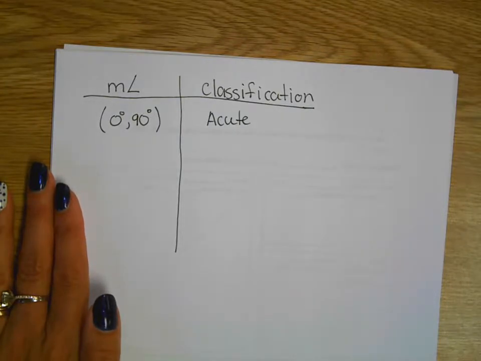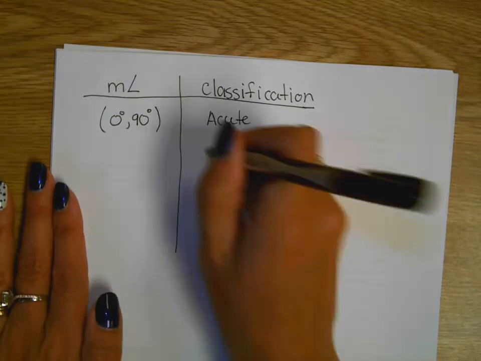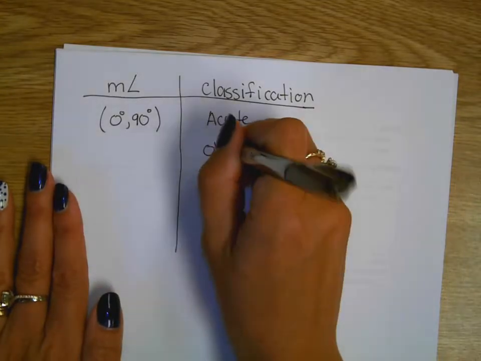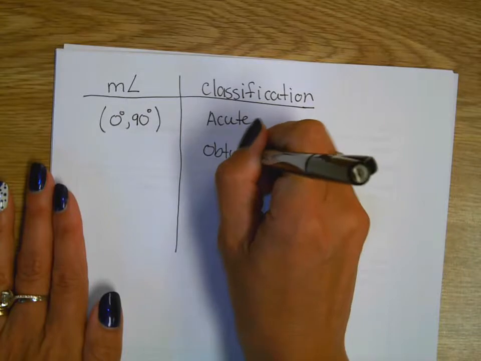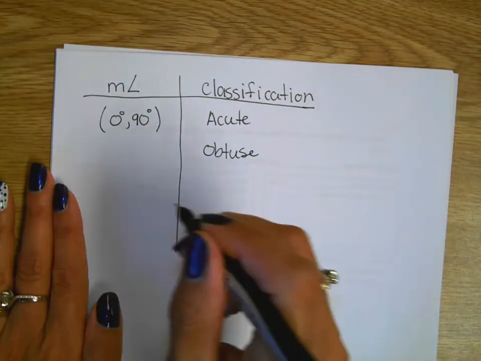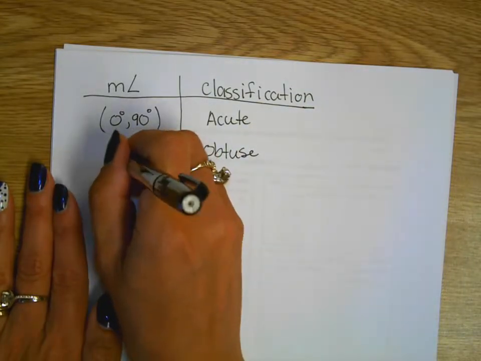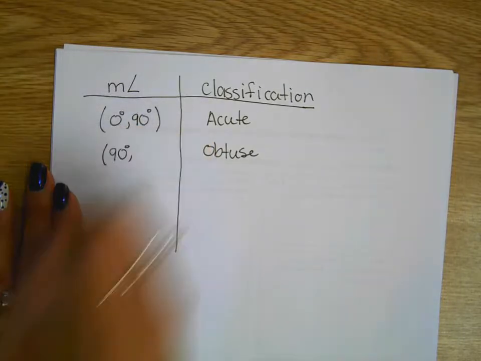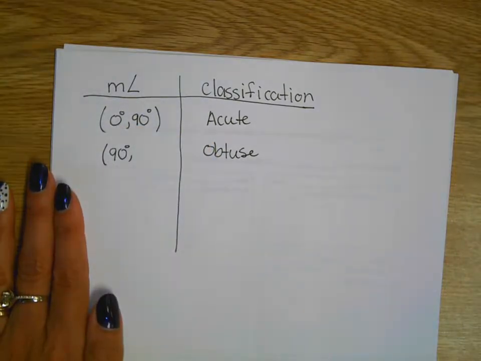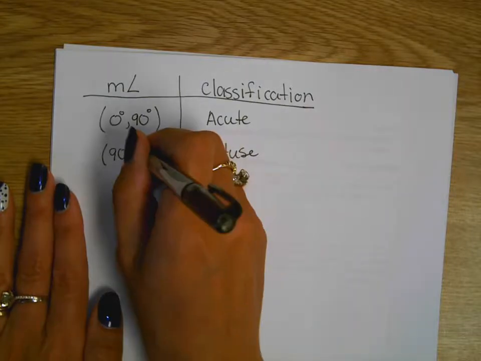Okay? Another kind of angle. Yep. Obtuse. What's our range there? Greater than 90. And? Very good.